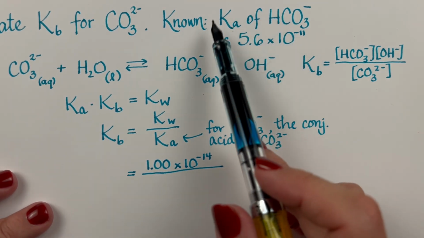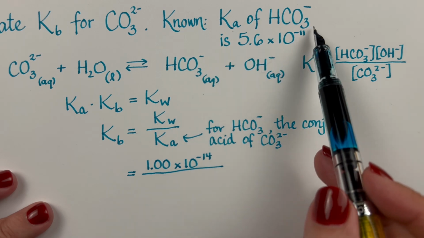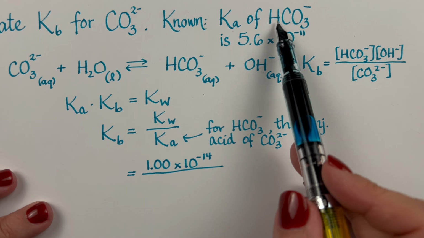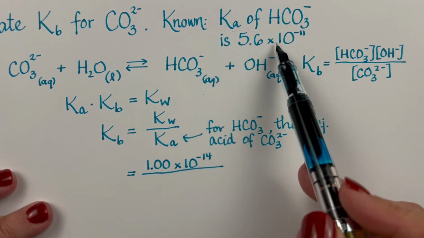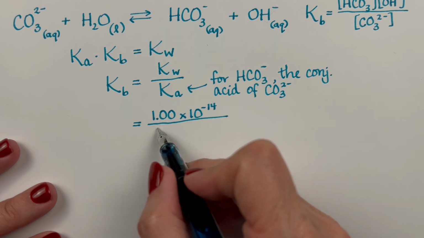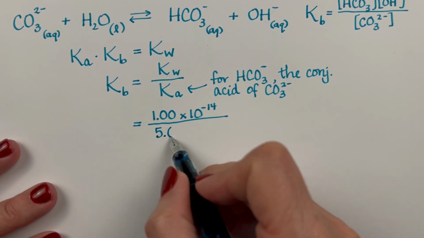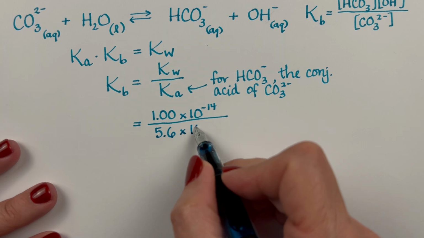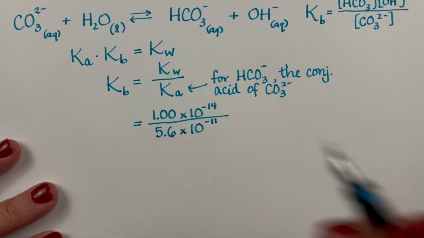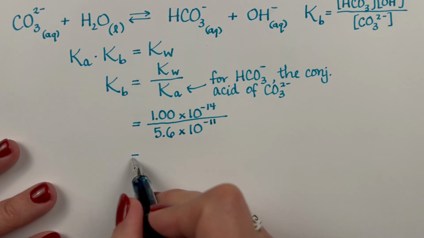That was part of the initial problem. It was given. We looked it up on a table. The Ka of bicarbonate is 5.6 times 10 to the minus 11th. Alright, what do we get?